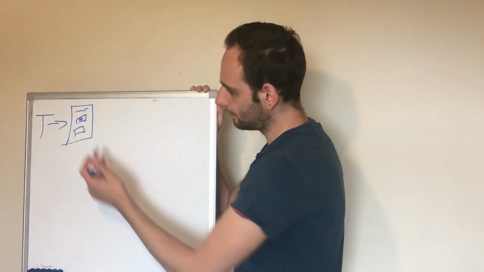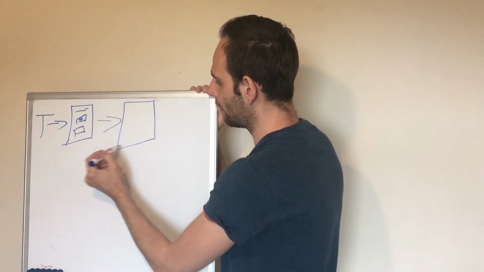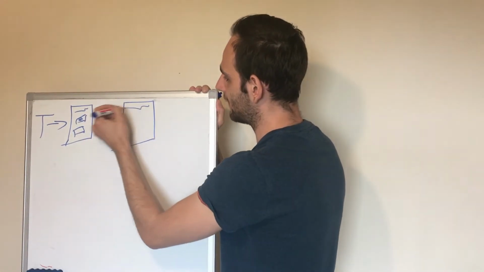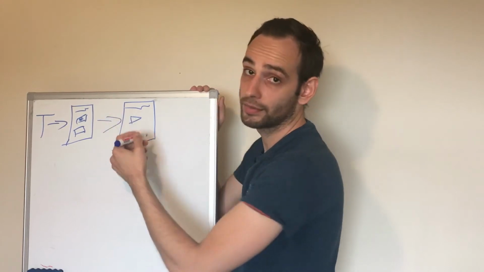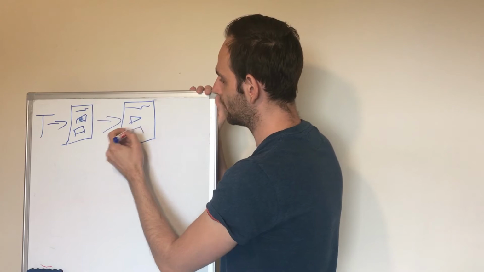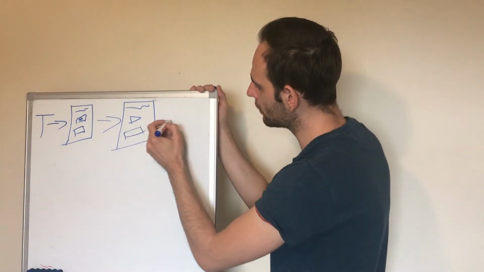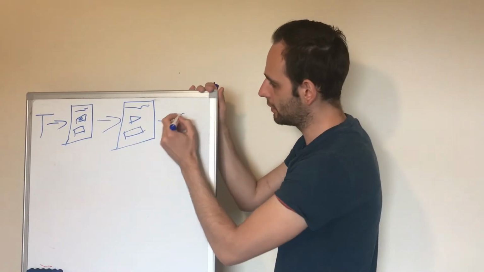Once they click on the button, they go to our bridge page, which again has a headline, then a video or some other form of information, and then a button to go further, which goes to the sales page.